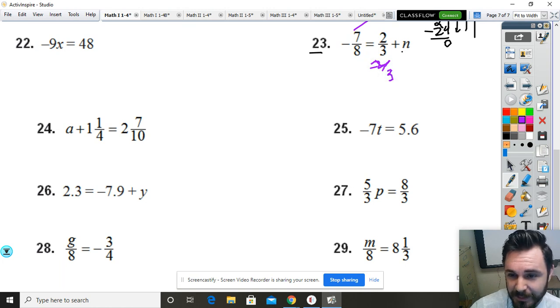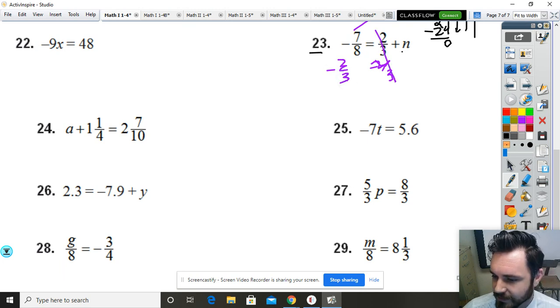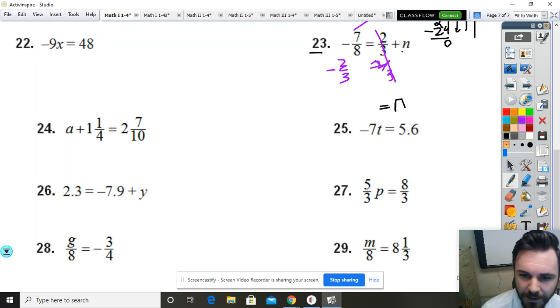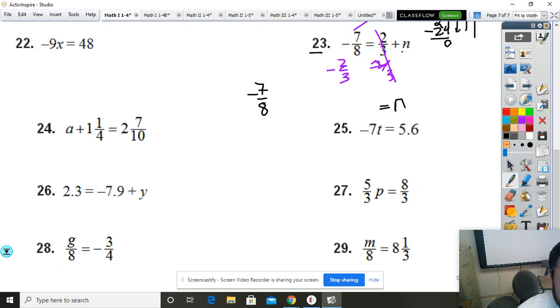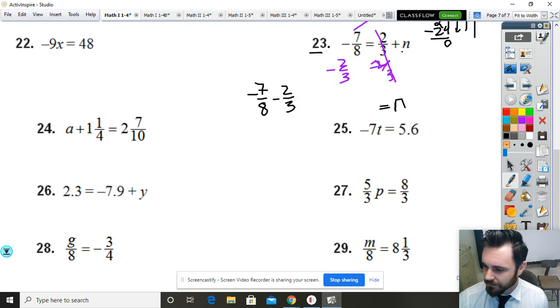All right. So in this case, if it's positive 2/3, what I'm doing is subtracting 2/3 to get x by itself. And so now I have to figure out what is 7/8 minus 2/3.